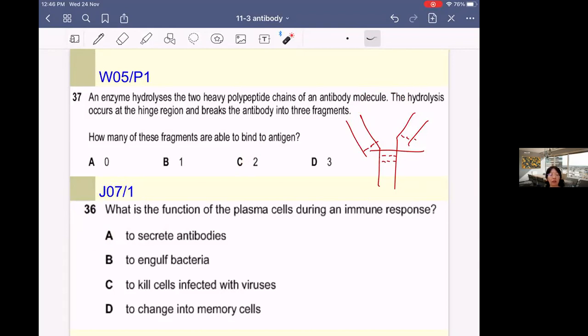The rest are average. Usually when I set MCQ, I'll set 5 or 6 extremely difficult questions and 5 extremely easy questions. If the intake of students is really, really good, I might set up to 10 very difficult questions. Usually it's very rare. Usually we set average.